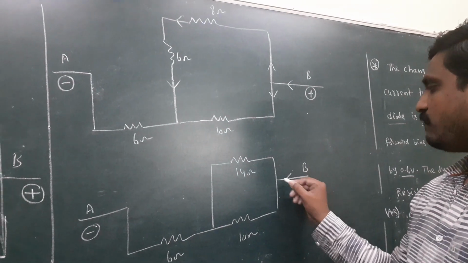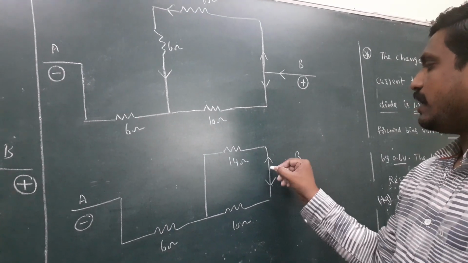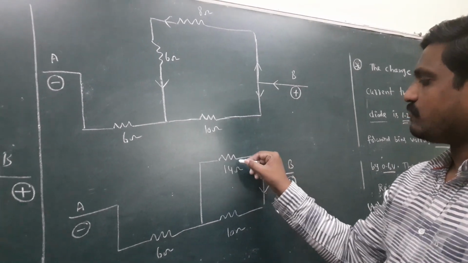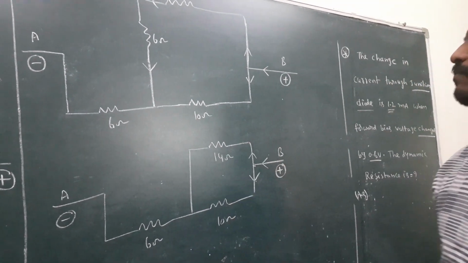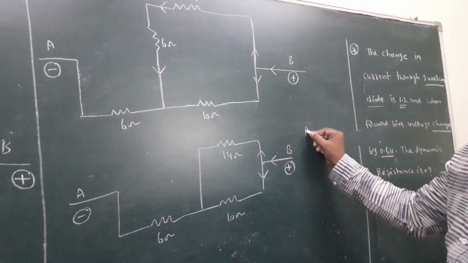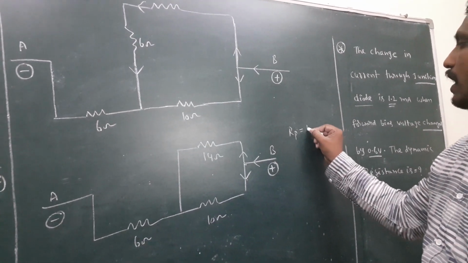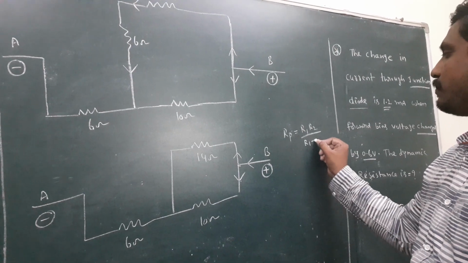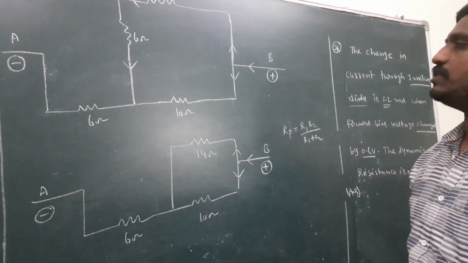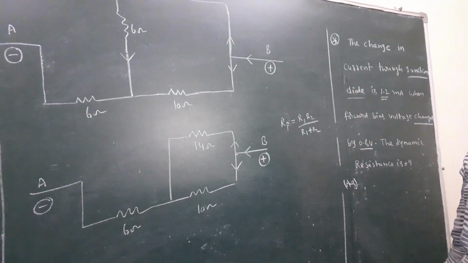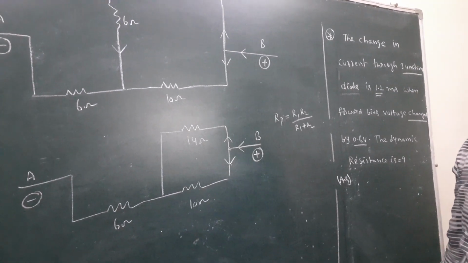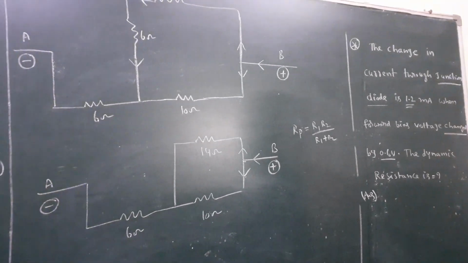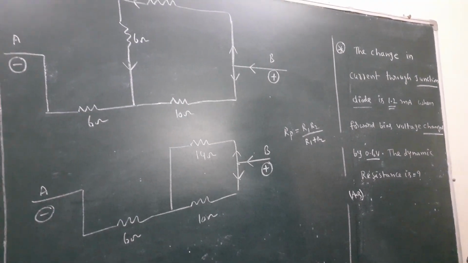Here again current flows. At this point the current divides, meaning the 14 ohm and 10 ohm are in parallel. What is the parallel combination formula? Rp equals R1 R2 by R1 plus R2. Here two resistors are taken. If N resistors are taken, 1 by Rp equals 1 by R1 plus 1 by R2 and so on.